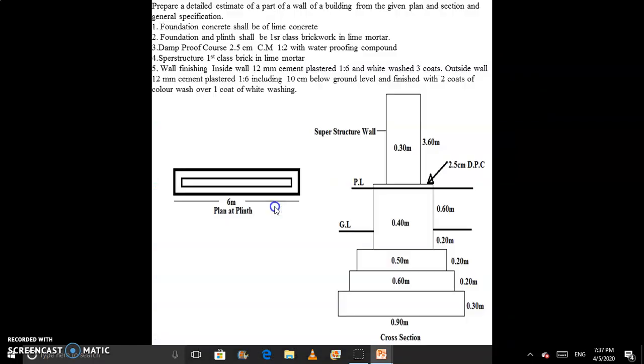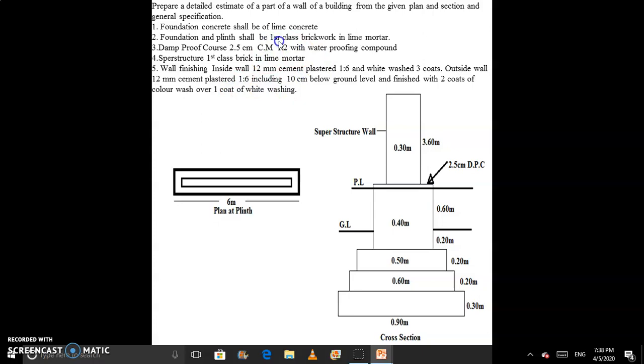The main motto of this lecture is that here we write cement mortar 1:2, here we write cement plaster 1:6. There is a meaning of these values, and here we write first class brickwork, because due to these values our rate analysis varies. If we change this ratio 1:6 to 1:3, then the rate is different for 1:6 and 1:3.